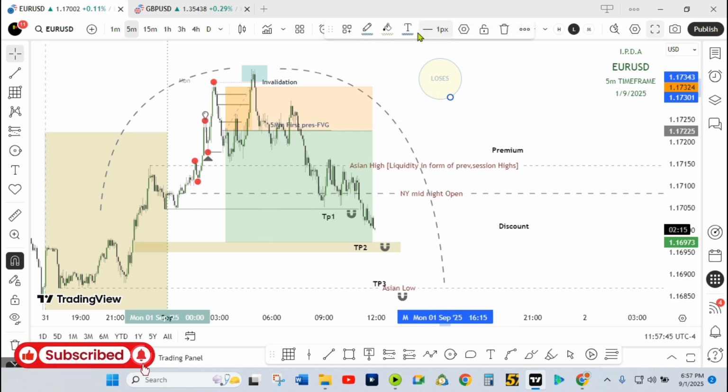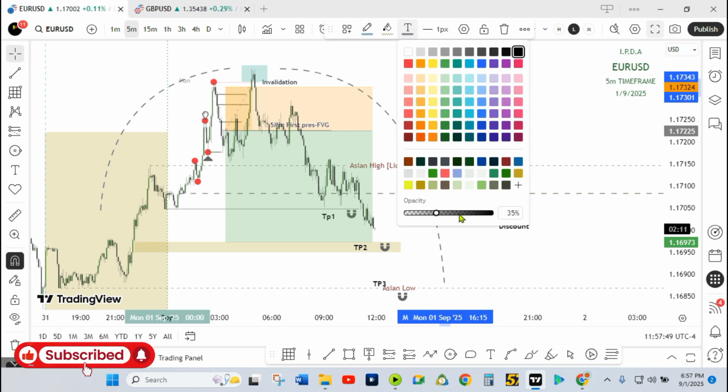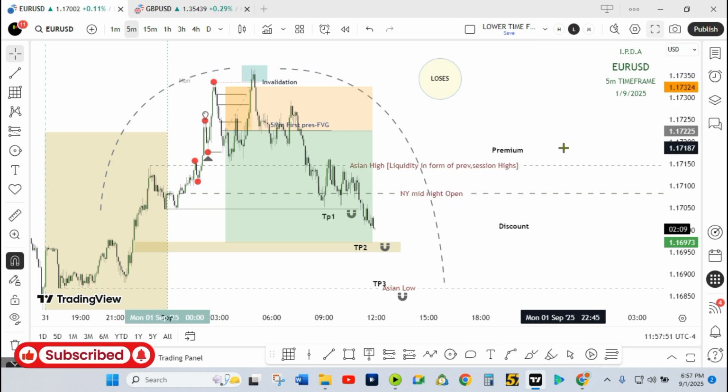If you get a loss, don't panic. Relax. Take a deep breath. Be proud you engaged. Be proud you followed your rules. Then just leave the market. Stay away from the market that day because you lost. But if you have guts, you can wait for the next session, which was the New York session, but I didn't do it.